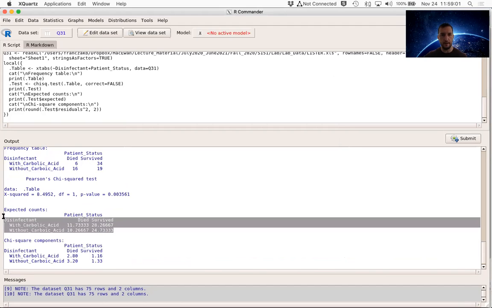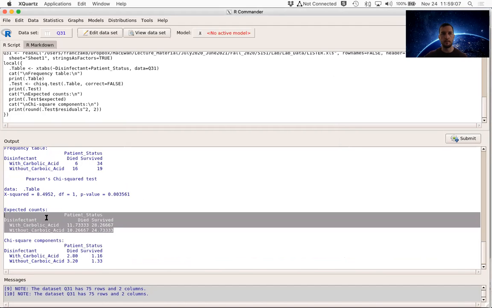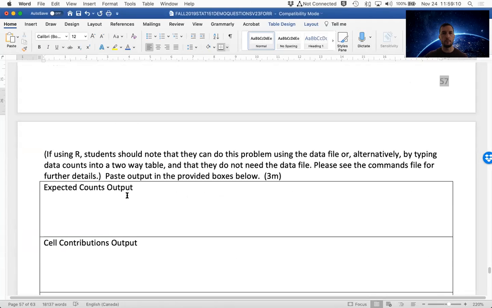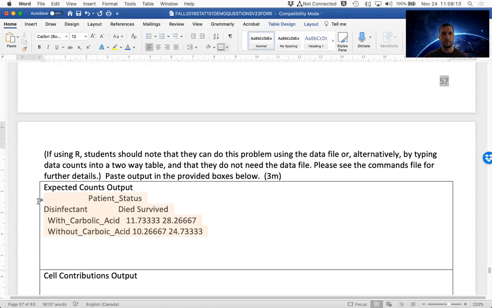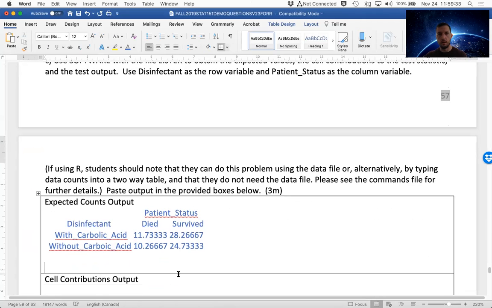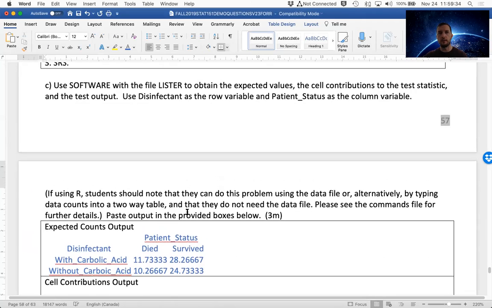So here are the expected counts shown in the second table. Okay, so if we go down here, we have expected counts shown below. All right, now if we look at the expected counts, we can see that all of these are greater than 1.